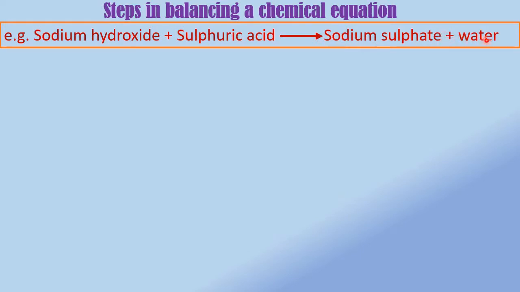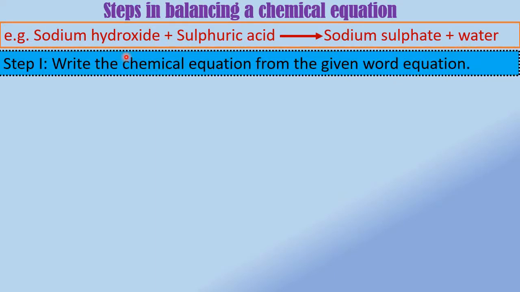Now, as you can see, the given example is in the word equation form. So, the very first step is to write the given word equation in the form of a chemical equation. For that, we have to write the chemical formulae of all the reactants and the products.